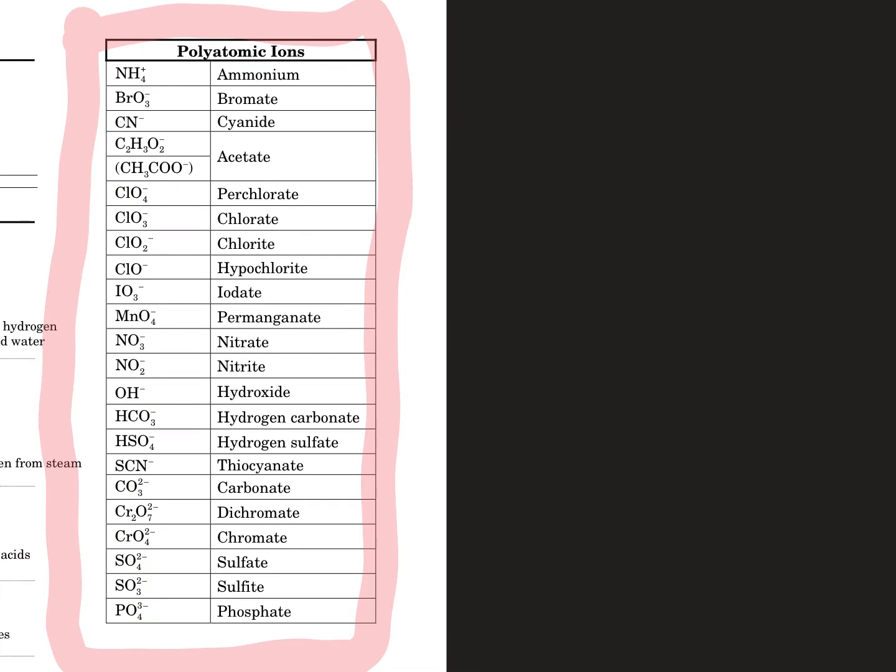Now, one thing that is important to keep in mind is that little negative or positive, that superscript, being the charge. So if I was writing ammonium right here, I would probably write it a little different, because I would want you to see that that's nitrogen and 4 hydrogen, and I'd put it in parentheses and say that it's +1.